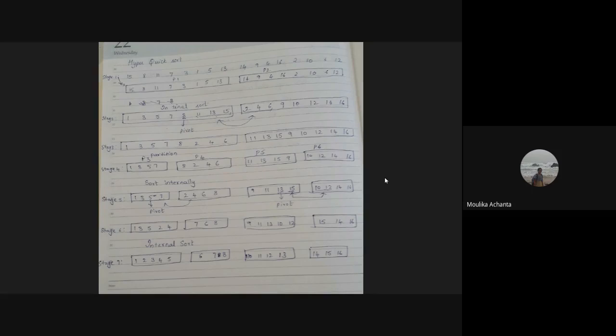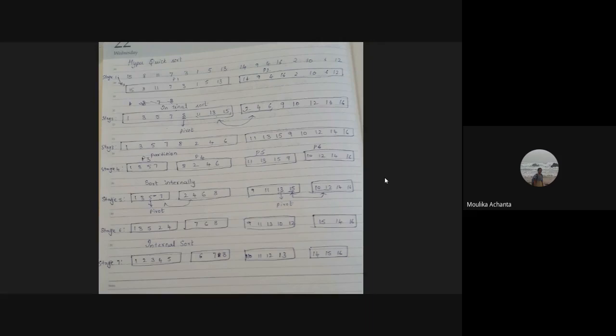Now, in stage 4, we again perform this operation as we did in stage 1. That is, we partition the list further into sublists so that each sublist contains an equal number of elements.